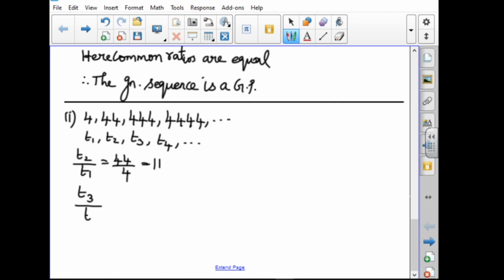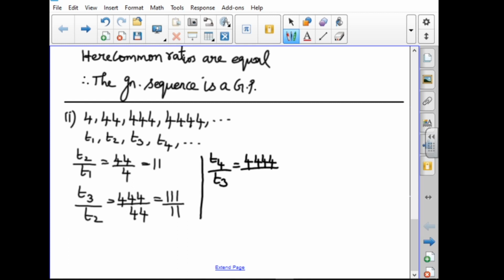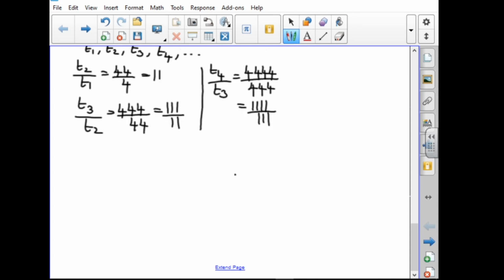T3 by T2, that is 444 divided by 44. The answer will be 111 divided by 11. T4 by T3, 4444 divided by 444. Cancelling, you are getting the answer as 1111 divided by 111. If we see the ratios, they are not equal.